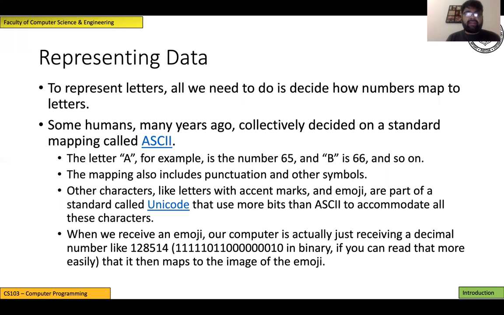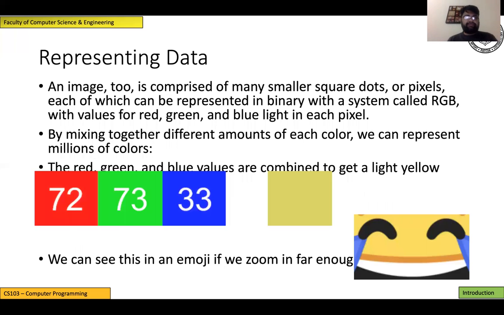Whenever you receive an emoticon, your computer is actually just receiving a decimal number, for example 128514, or if you can read binary, here's the binary number for 128514. This is then mapped onto the image of the emoji and displayed as that particular image. So each image, as well as text, can be represented as Unicode or ASCII characters. How do you represent image data?